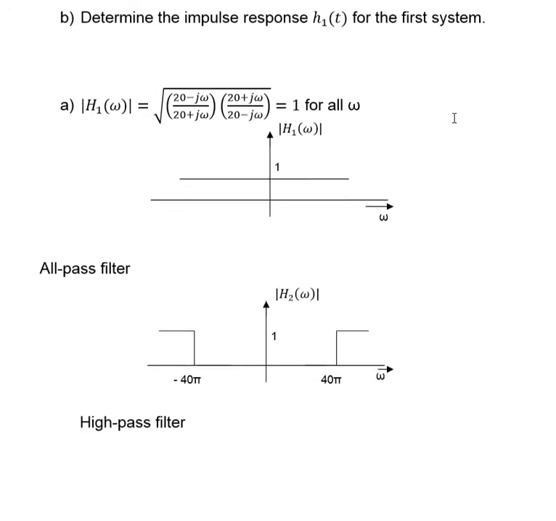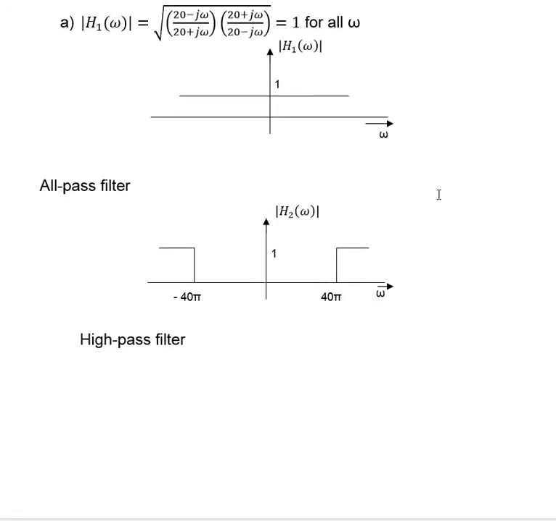When I sketch the magnitude response of the system, I can see that any signal that comes into my system with a frequency greater than 40 pi gets a full response, and my system also attenuates any signal that has a frequency lower than 40 pi. So only signals that have high frequencies can pass through the system, and therefore my system is a high pass filter.